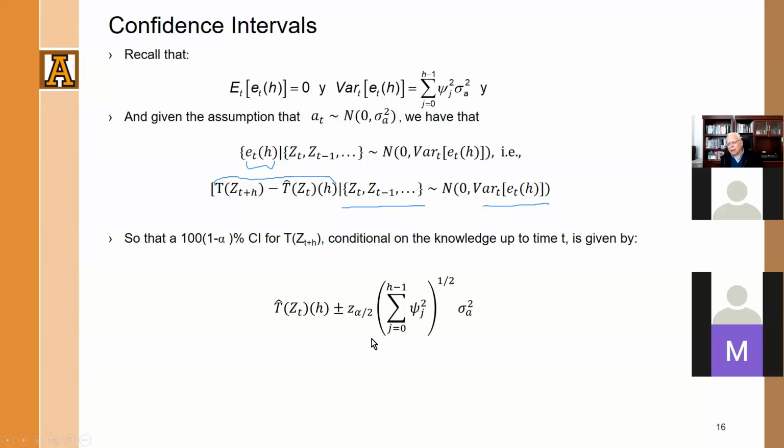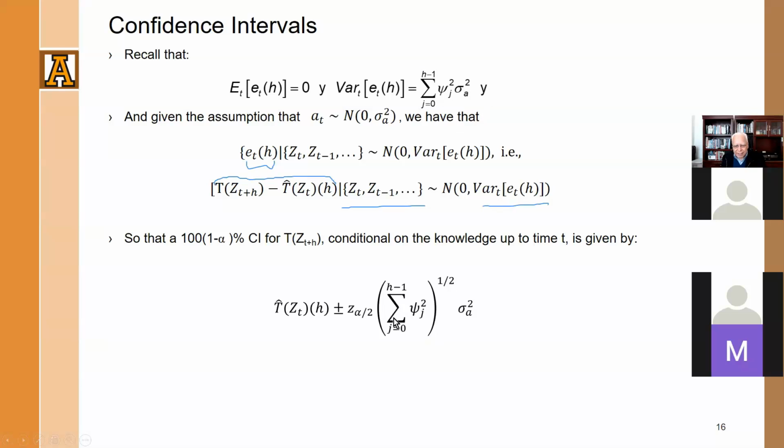If it's a 95% confidence interval, then alpha will be 0.05, and the tail end of the standard normal distribution that gives an area of alpha over 2 is 1.96, times the standard deviation, which is the square root of this whole thing.